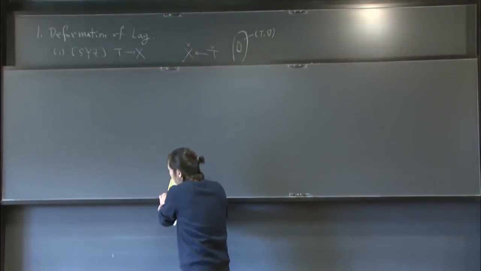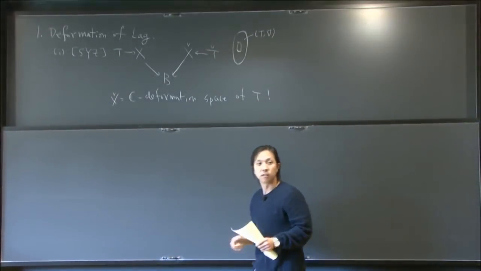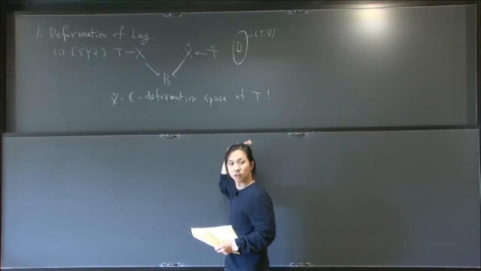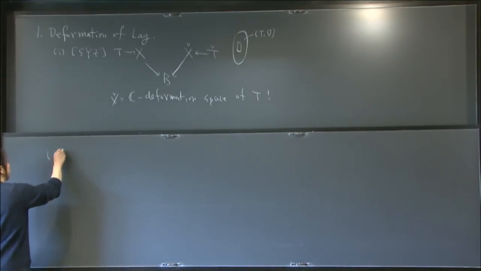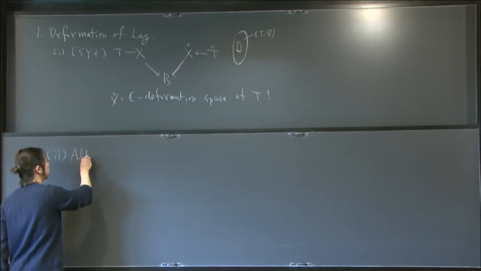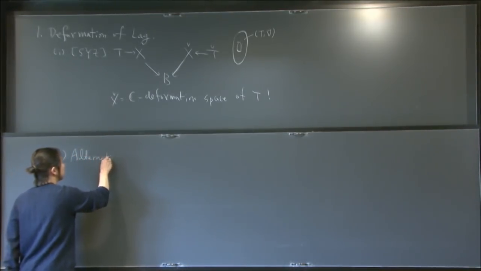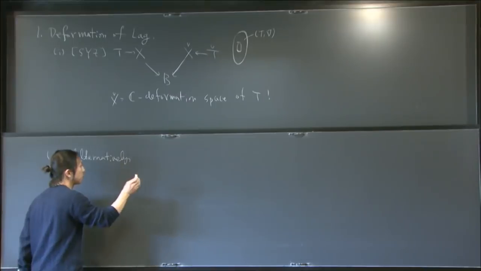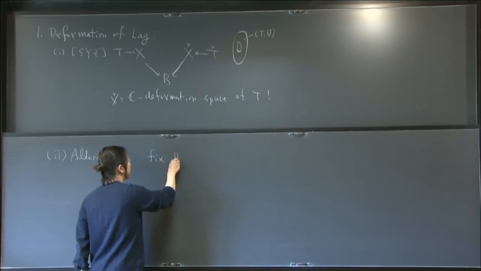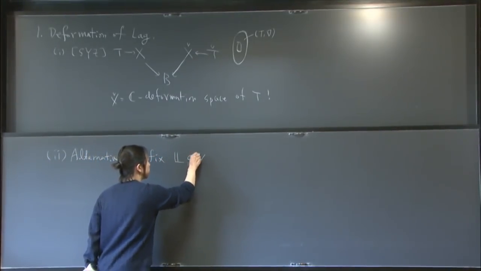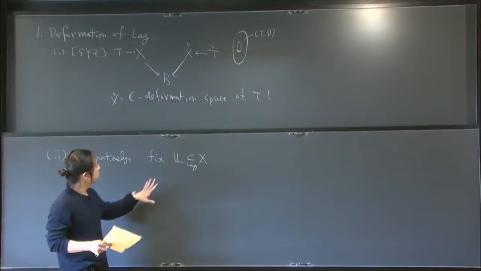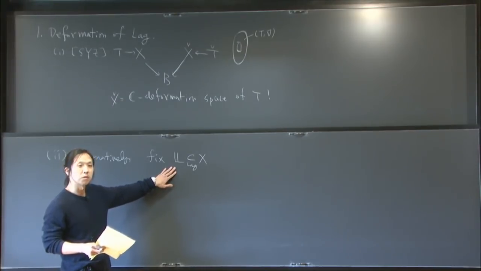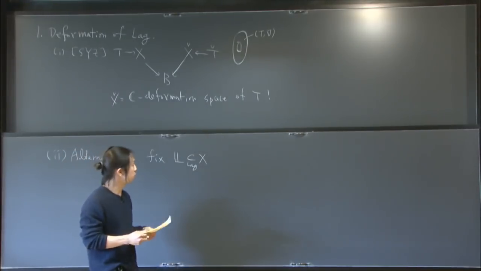Then we need to look for a local chart of this X check. I'm not going to use the whole fibration; alternatively, we fix one Lagrangian L in X. In fact, it doesn't need to be a torus. You just fix some Lagrangian. In later applications, this will be either a torus or an immersed Lagrangian, an immersed S2 in fact.